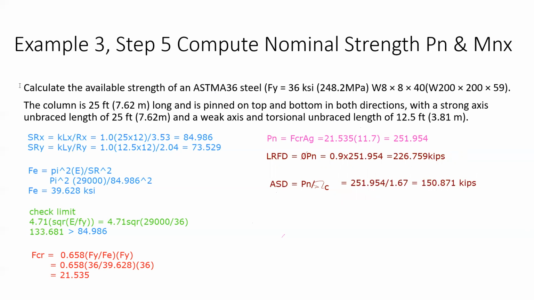The question asks to calculate the available strength of the ASTM steel column. Its available strength, if we use LRFD, is 226.759. And if we use ASD, which is more conservative, with larger divisors and considerations, this is 150.871.